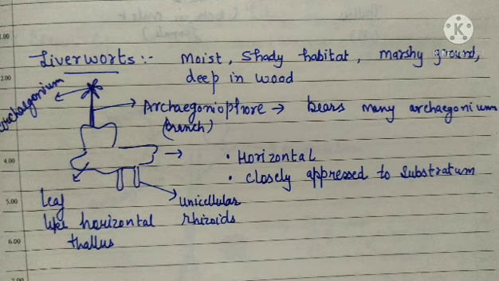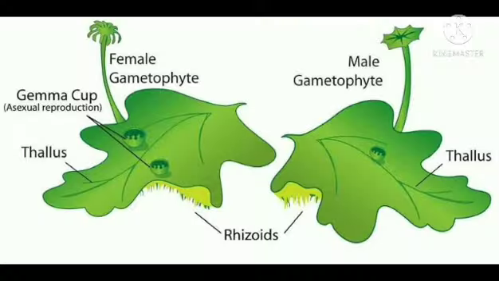Archegoniophore is a branch which will bear the female sex organ, that is archegonium, inside which there is an egg. However, the male gametophyte will bear antheridiophore. This branch-like structure will bear at the top an antheridium, which is the male sex organ, and it will produce the antherozoids, which are male gametes.